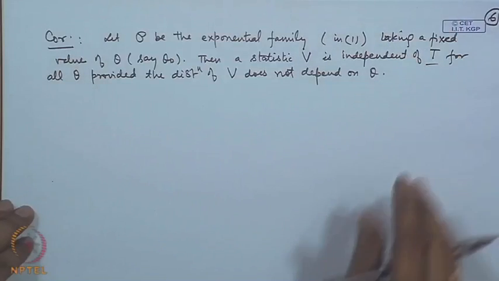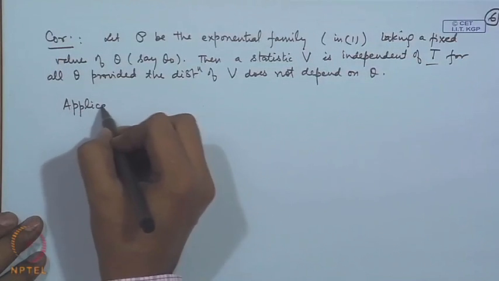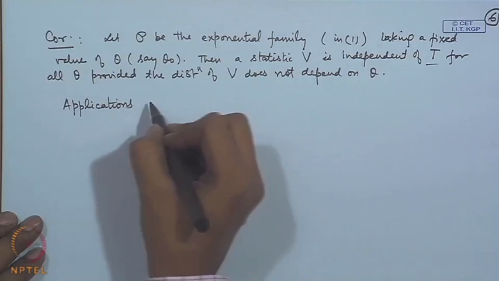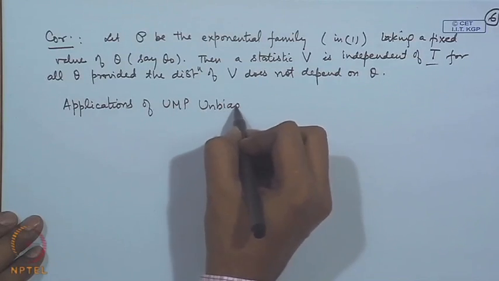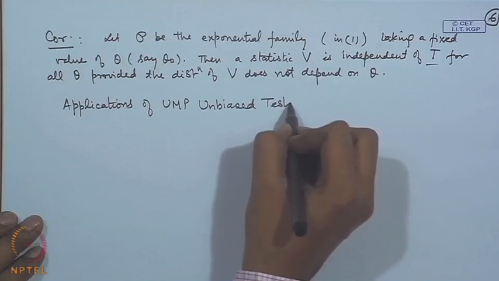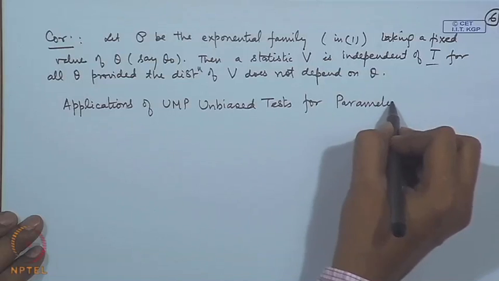Now, let us consider applications of UMP unbiased tests for parameters of normal populations.